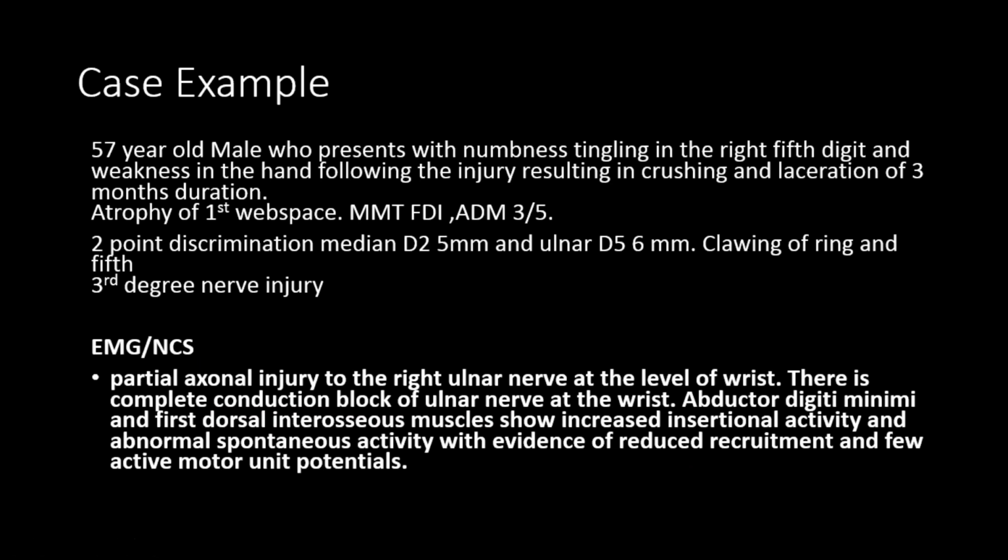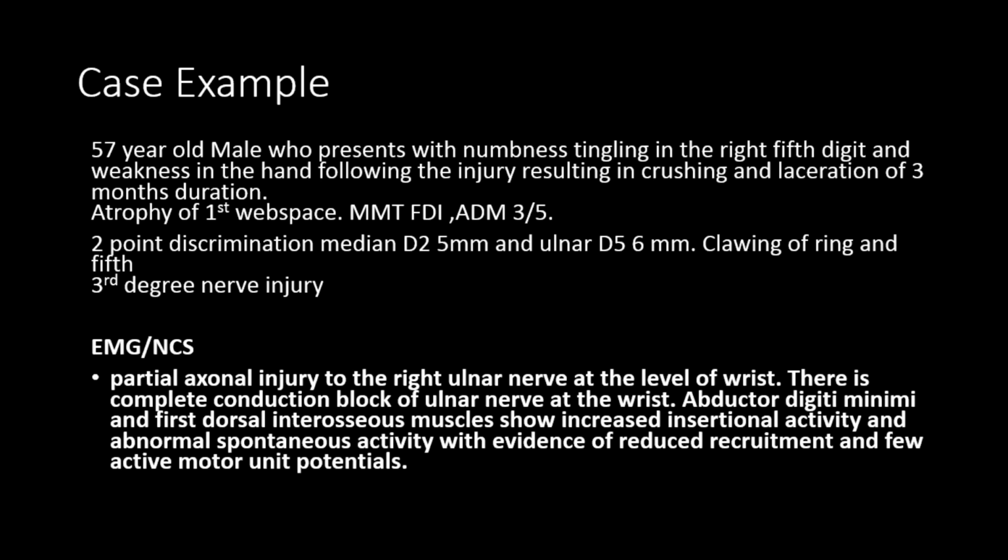Okay, now the next case is a patient who presented with again ulnar symptoms, numbness and tingling in the fourth and fifth digits, but his main complaint was not numbness and tingling. He had more weakness in the hand, and that happened after he had a crushing and laceration type of injury 3 months ago.